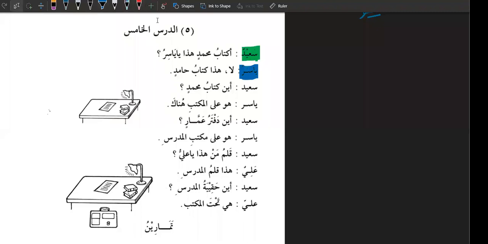Okay, so نبدأ الدرس الخامس. So the fifth lesson. So Abu Yusha, Saeed, Ismail, Yasir. تفضلا.